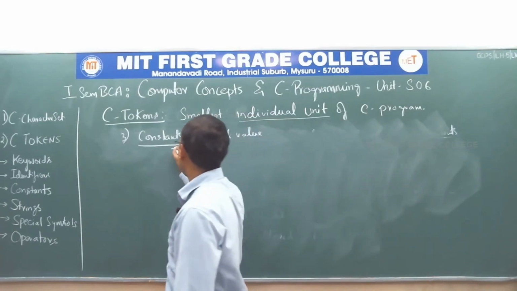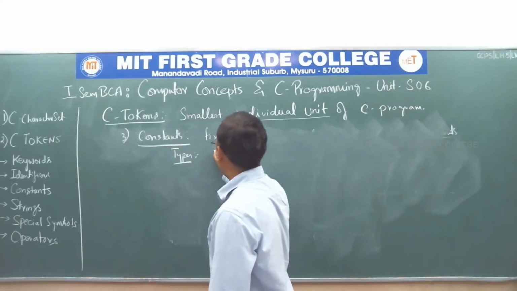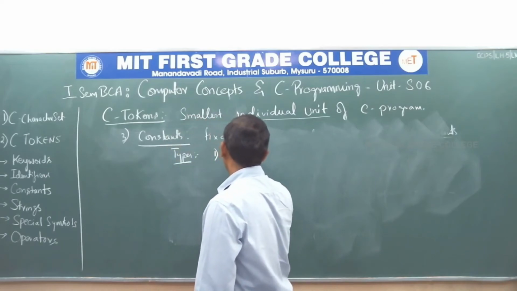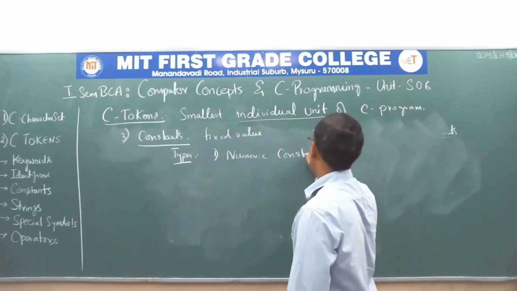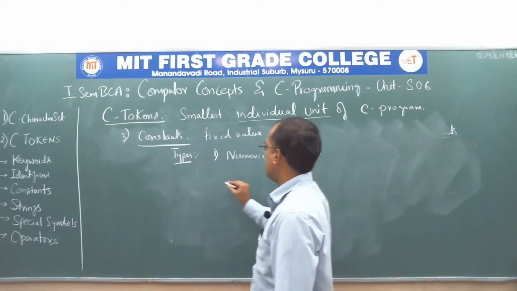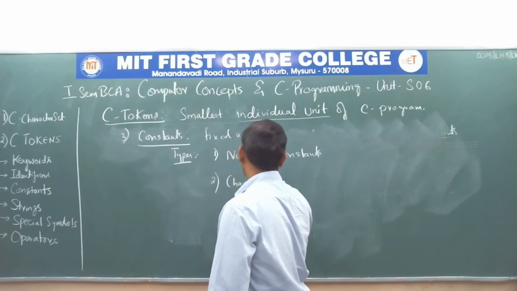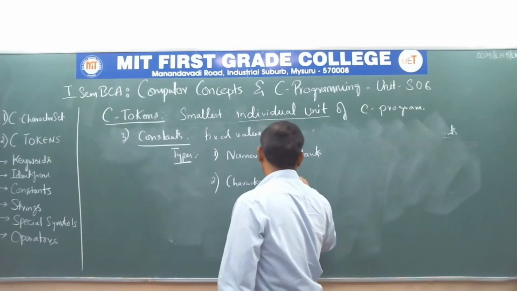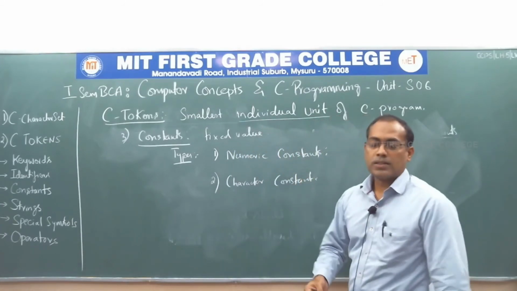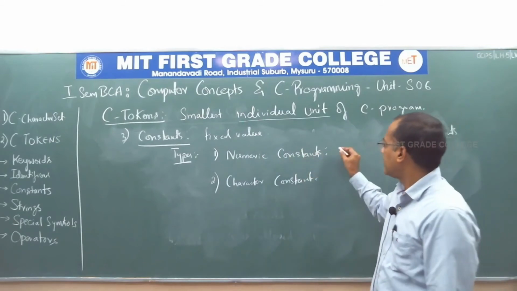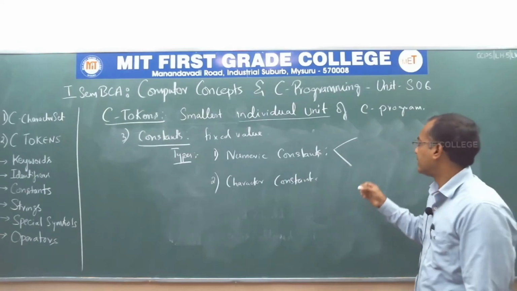There are different types of constants. One is numeric constants. The next one is character constants. Numeric constants are nothing but numbers. In numbers, generally there are two categories.